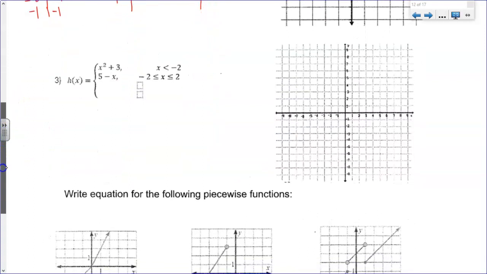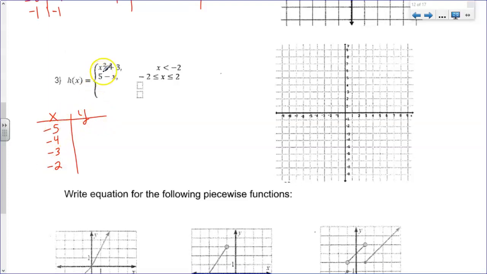Okay, let's look at this last part here, and then we will be done with the notes for today. So we've got 2 functions here. So we're going to go less than -2. So we're going to have like -5, -4, -3, -2.